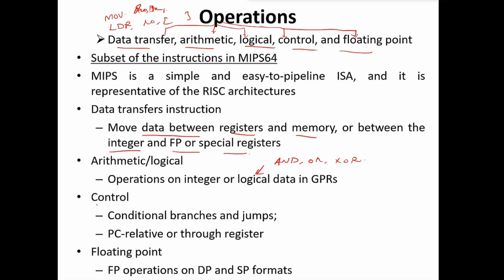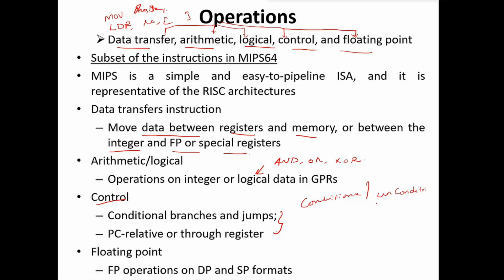Moving to control instructions, you have branches and jumps. When you talk about control instructions, you may have conditional and unconditional jumps. Control transfer means that from somewhere it is going to execute some other line.